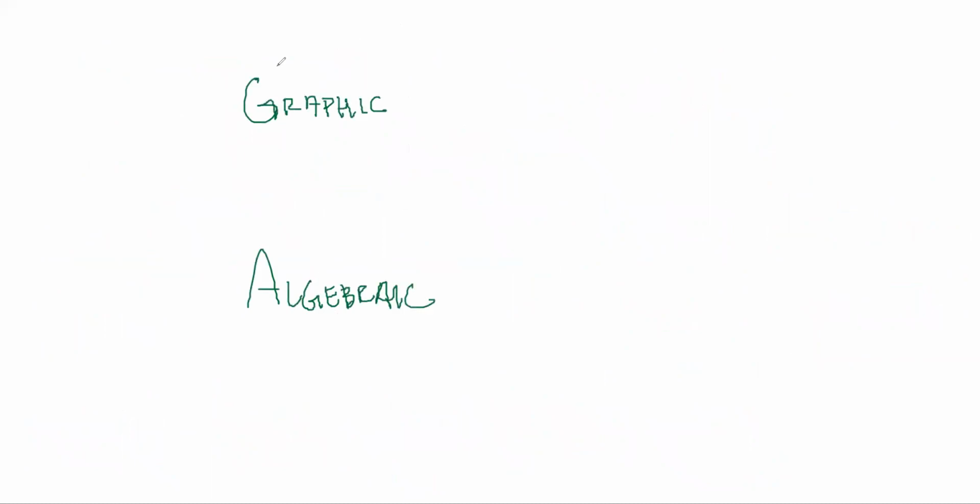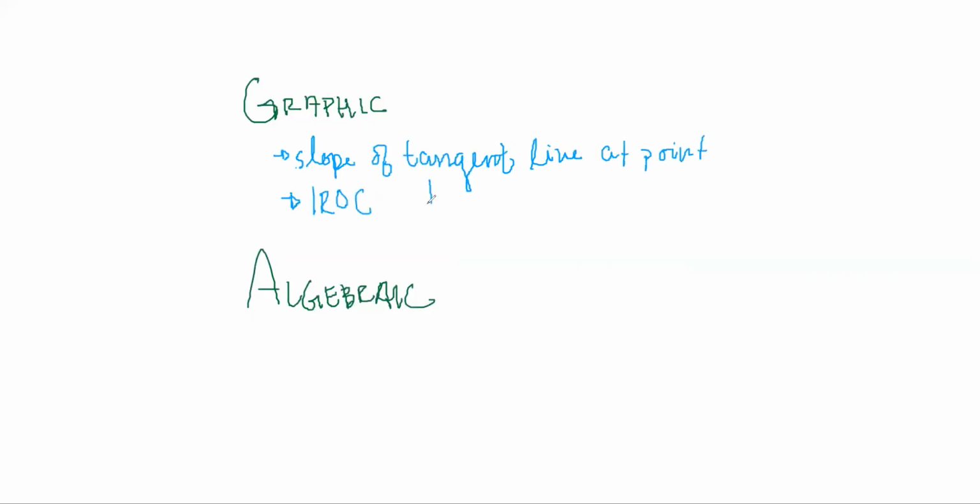So, for instance, with derivatives, the graphic interpretation was that we were looking at the slope of the tangent line at the point. We were looking at the instantaneous, and that correlated to the instantaneous rate of change.